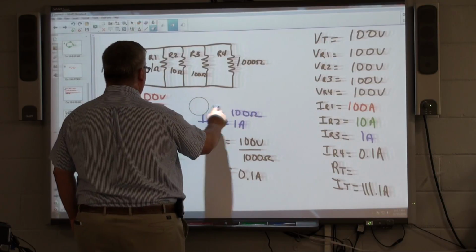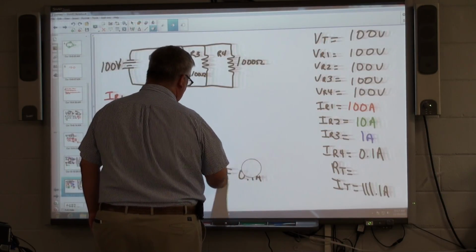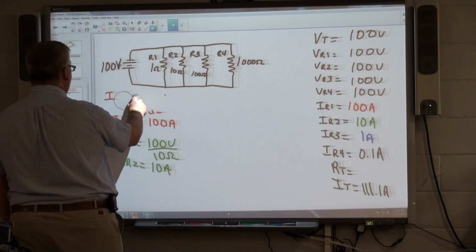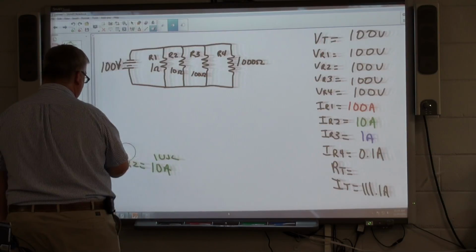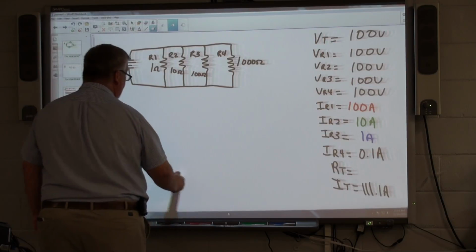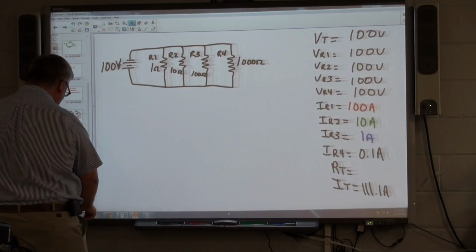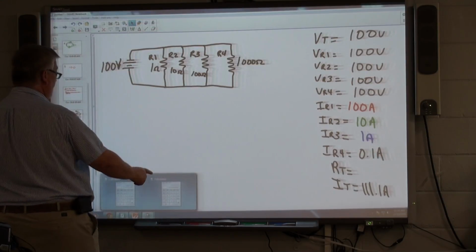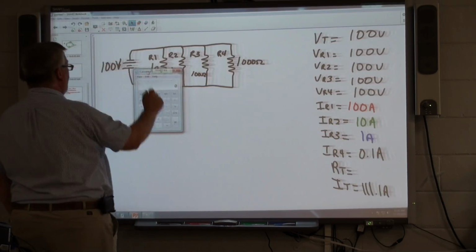Which formula do you want to use, or do you want to use a calculator? All right, we'll do a calculator, and we'll go back. We'll do the reciprocal formula on line 2, because I want you to see that it works. So it's 1, 10, 100, 1,000. Don't forget, after you get your total, you gotta hit your equals.